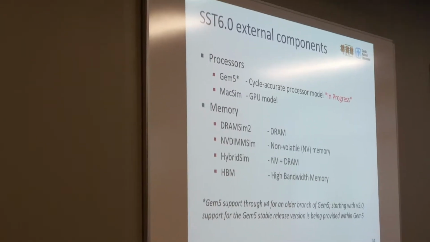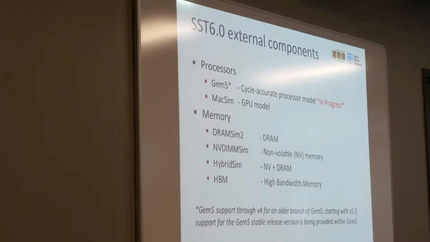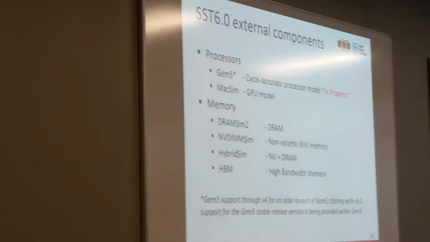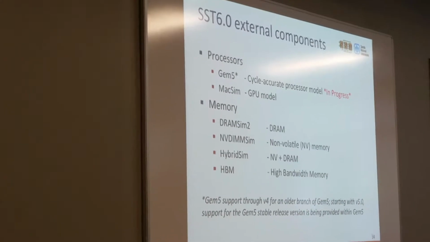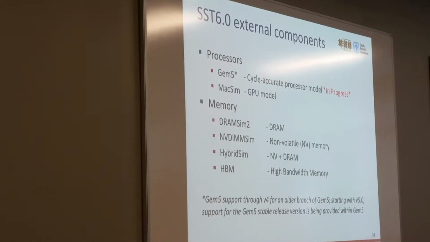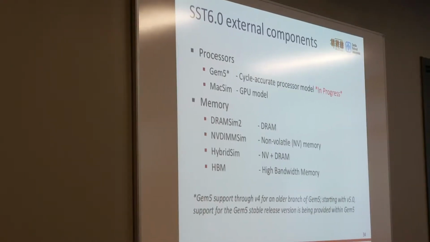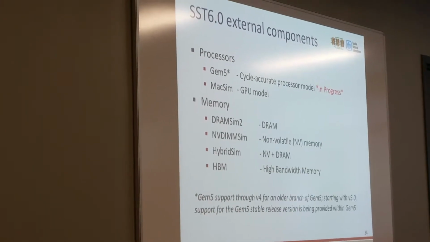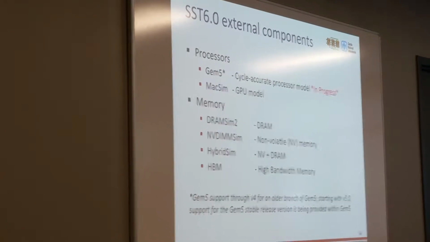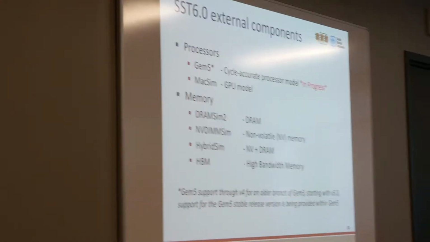So a little bit more on some of the external components. We have a preliminary form of integration with Gem5. For those of you who are aware of Gem5, it's a combination of the GEMS memory model simulator from Wisconsin and the M5 simulator from University of Michigan.